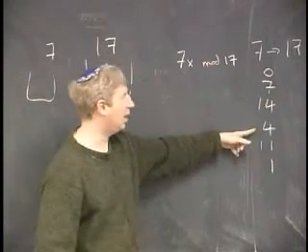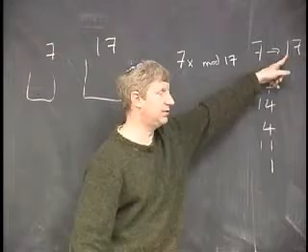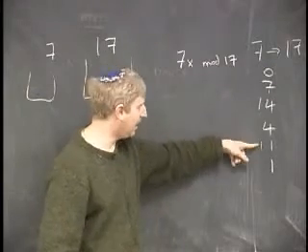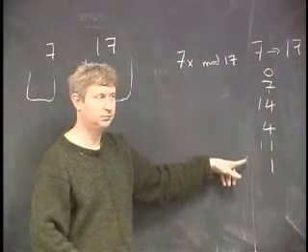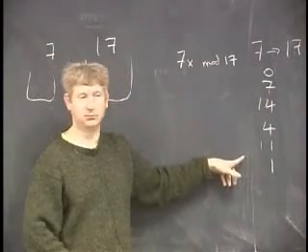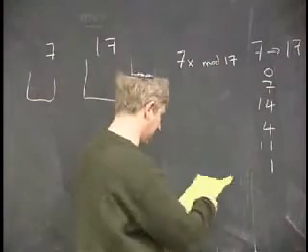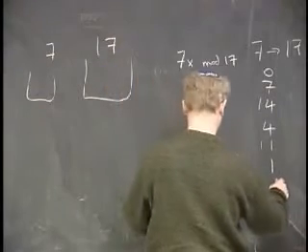7, 14, 21. 21 is 4 bigger than 17, so it's 4. 11, 18. 18 is 1 bigger than 17, so it's 1. Everybody get it? All right, so tell me the next gazillion numbers. 8, 15.